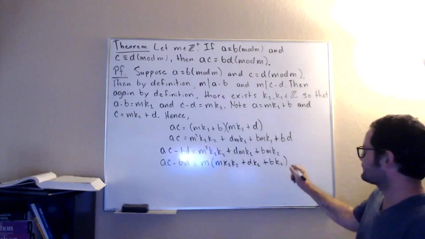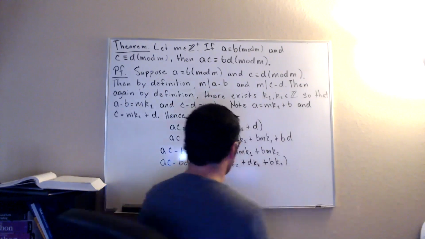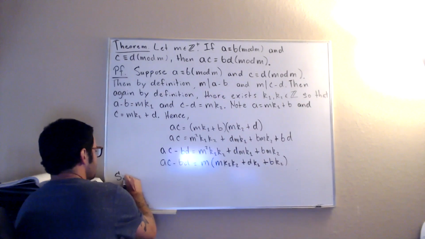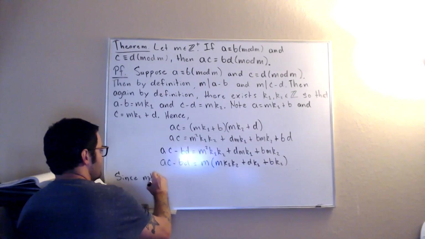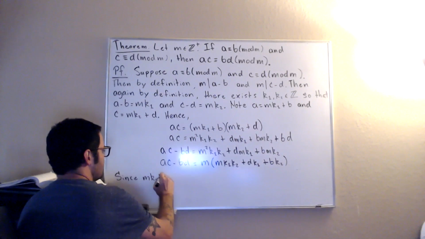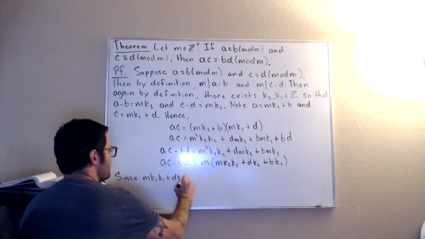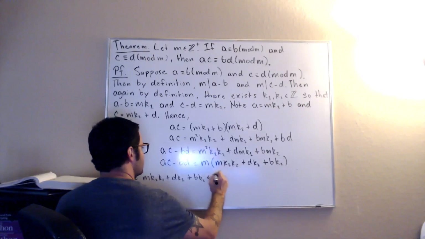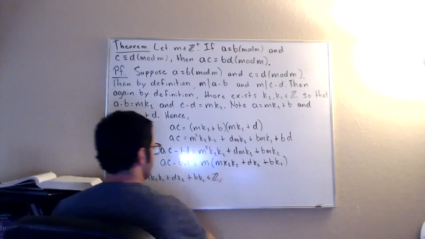Okay, there. So I can just say, since that term, k1 times k2 plus D times k1 plus B times k2, is an integer, m divides that difference.